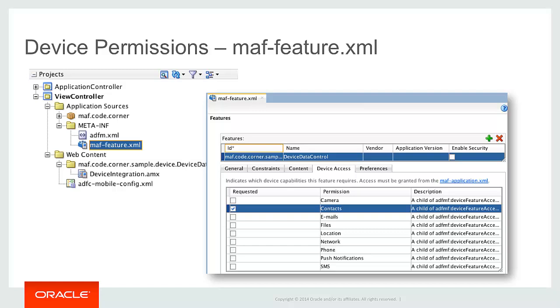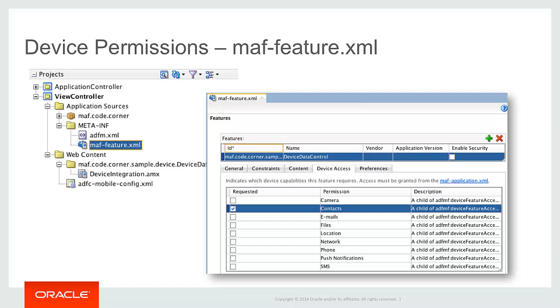Well, because a feature is a reusable unit in MAF. So I create my feature and I can give it to someone else. And this someone else is assembling the mobile application to deploy it to iOS or Android. And then while assembling it, they would need to know what the feature permission requirements are in regards to device integration. So I'm making a little laundry list of what needs to be granted to this feature so that the feature works as I design it.